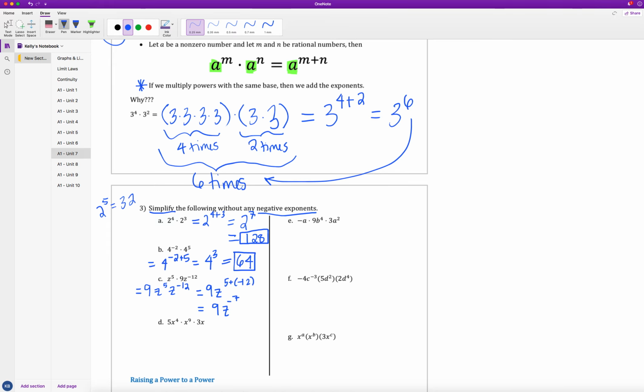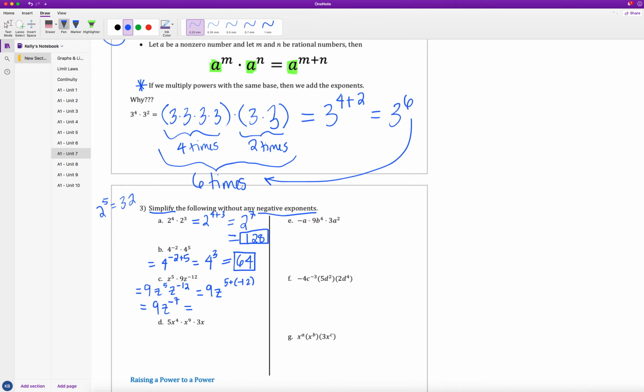So to simplify our negative exponents, I would have to flip this. I'm going to rewrite this to give myself a little bit more space. So I'm going to write our 9z to the negative 7th over here. Now I have to rewrite this z to the negative 7th. Now notice we had those two examples on the prior page where the difference between when the coefficient is inside the parentheses or when there are no parentheses, so it's outside.